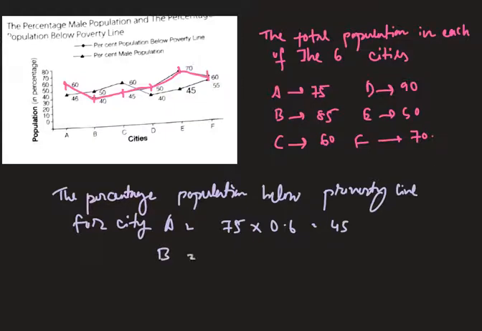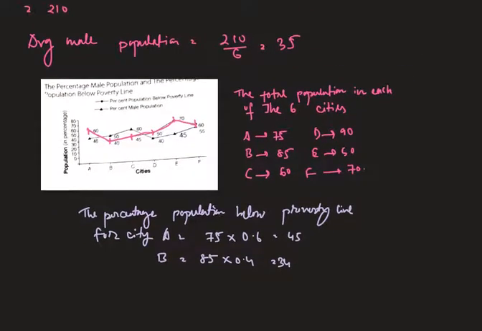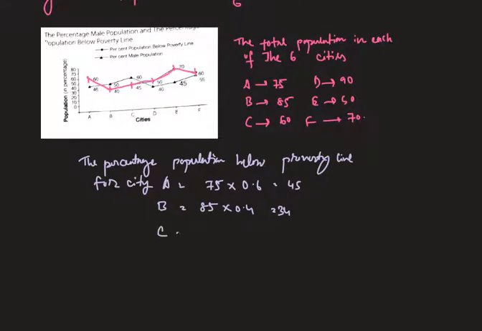For B, it is 85 multiplied by 0.4, which results in 34. For city C, it is 60 multiplied by 0.45, which results in 27.